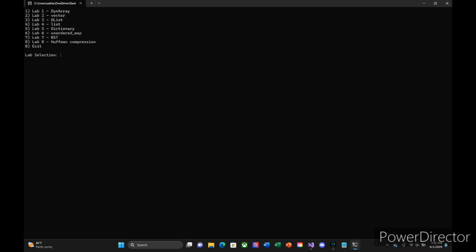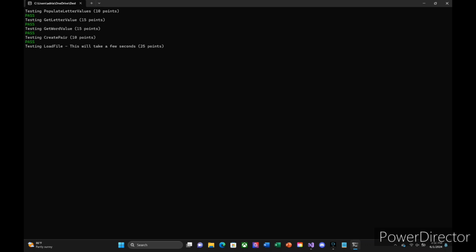I believe 65 is what represents A, and then you just keep on and so on. And that was just the main purpose of this unordered map that was in the form of the Scrabble game for this lab.